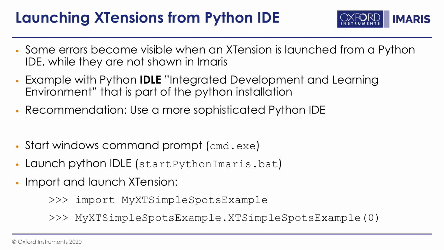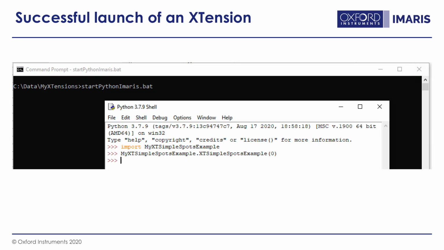So you run the command, and you have Imaris started. That's also important: you should have an Imaris instance running. Then you start IDLE, and then you do import my Xt simple spots example. That's loading the module, and then you write my Xt simple spots example, Xt simple spots example 0. 0 would be the Imaris ID, and then this will launch the extension.